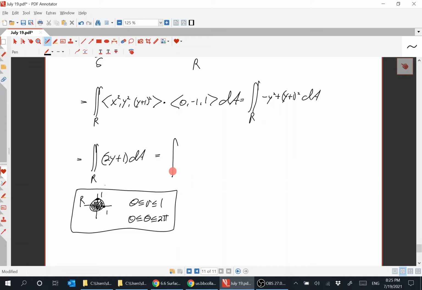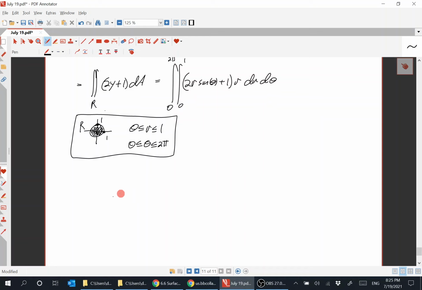So this is equal to the integral from 0 to 1 for r, 0 to 2 pi, of 2y, which is 2r sine theta, plus 1, times r dr d theta. So this becomes the integral from 0 to 2 pi, of 2 r squared sine of theta plus r, dr d theta. Oops, 0 to 1.